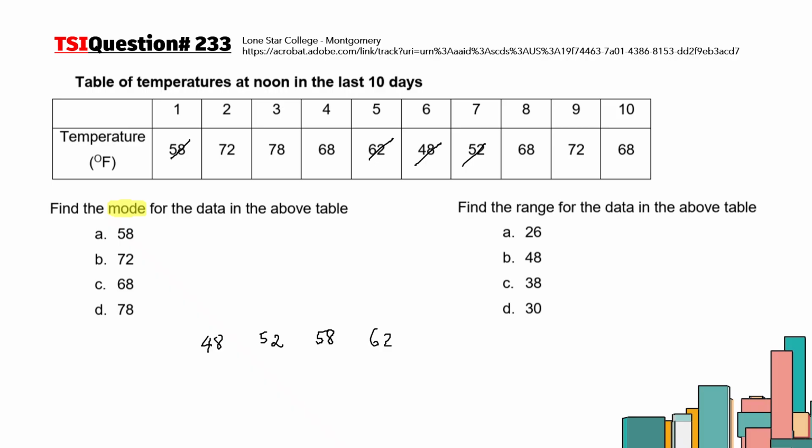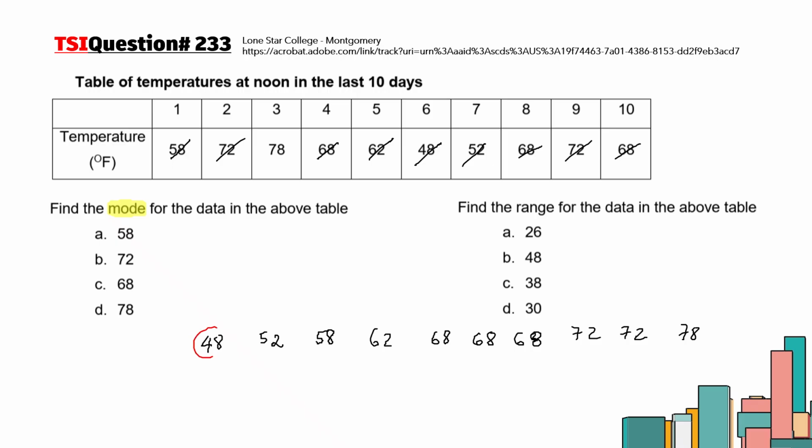Then we have 68, 3 times. Then we have 72 twice. Then the last one is 78.